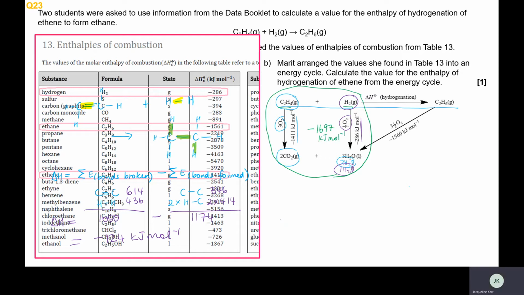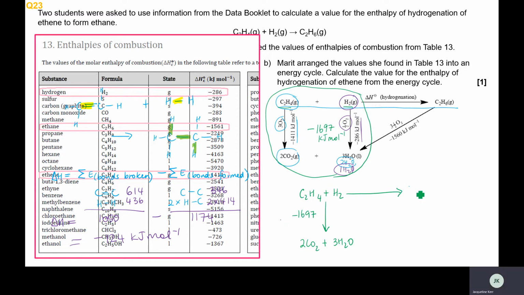It's getting pretty messy. Another way we might write that, if we wanted to rewrite this diagram, you might say C2H4 plus H2 goes to 2CO2 plus 3H2O, and that was minus 1,697.